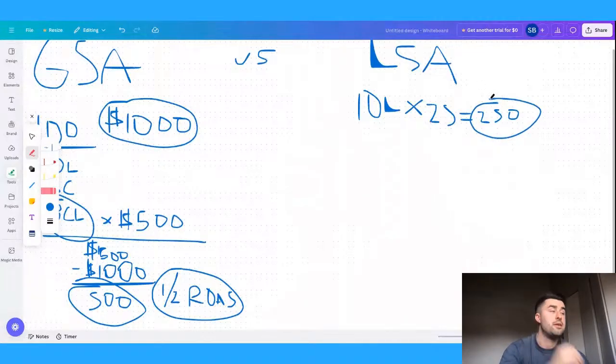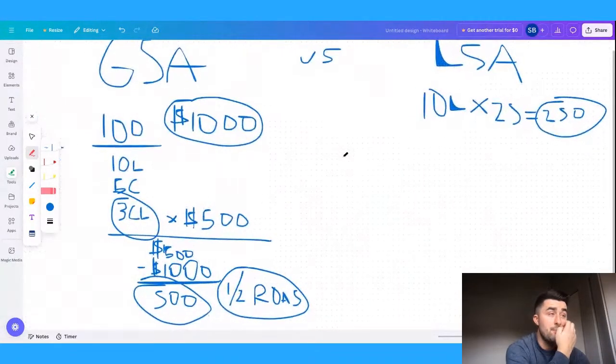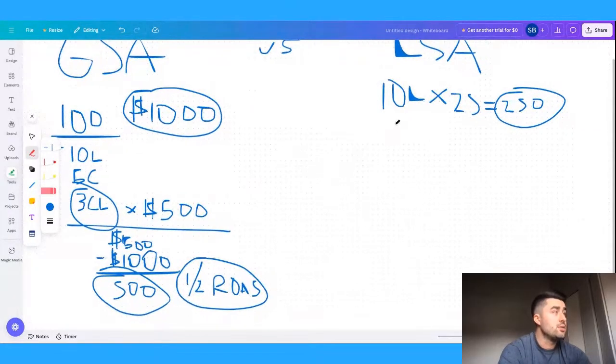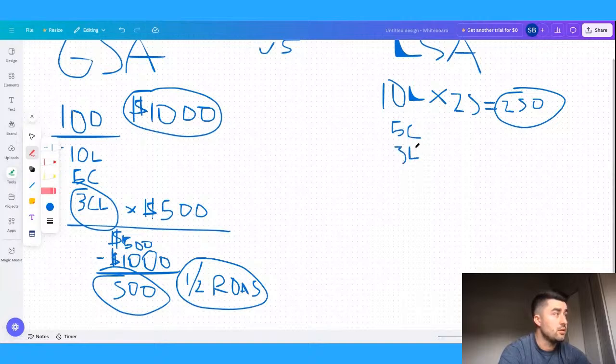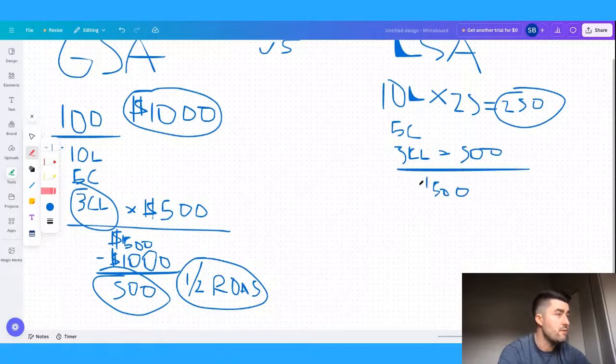$250 in spend, right? Now, using the same example, 10 leads, we're able to generate 5 scheduled calls, and then we're able to actually book 3 clients at 500 per job for a total of 1,500 in revenue, right?